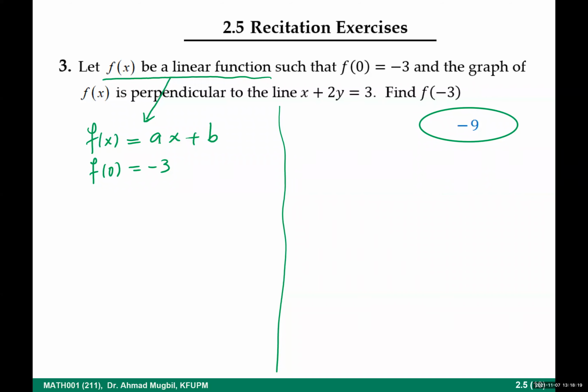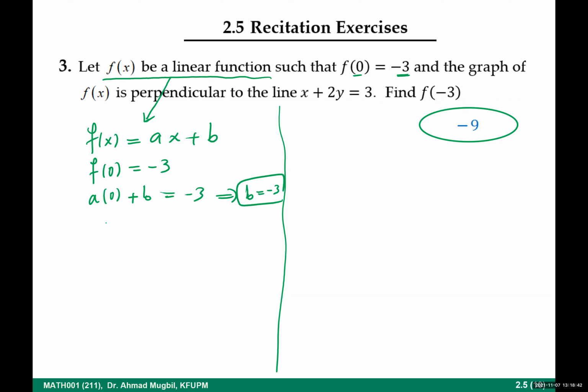So this means, when x equals 0, what will you get? This means that a times 0 plus b equals -3, which means that b is -3. It is clear, but I just try to make it more clear. It is clear that when x is 0, y is -3. So this is the y-intercept.